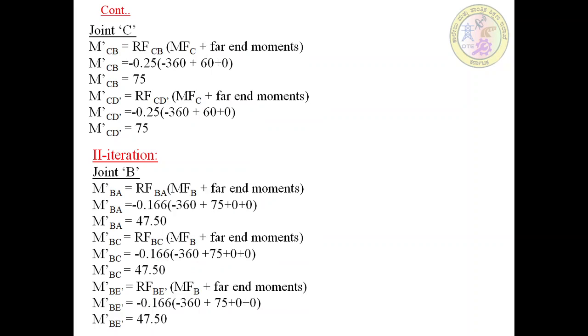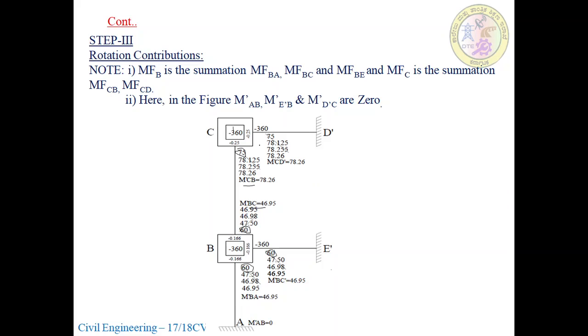So for joint C, 60 is the far end value. Next, in the second iteration, if you have 75, initially it was 0. Then minus 360 plus 75 multiplied by 0.166, you will get 47.5. So directly we put 47.5 here.